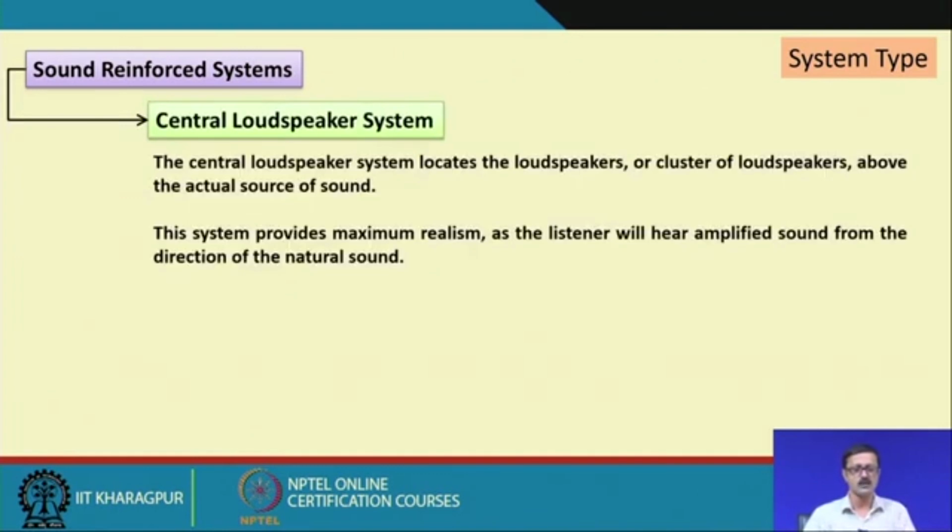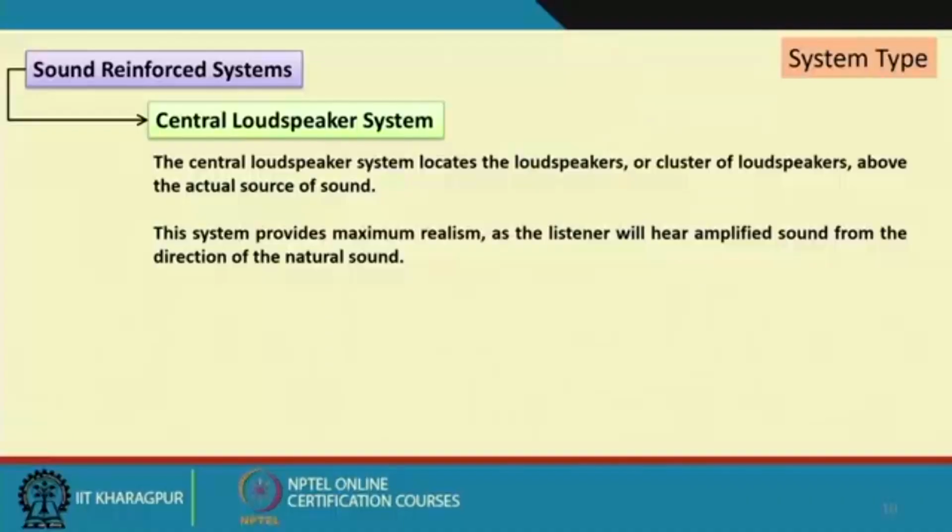One is called the central loudspeaker system, where a cluster of loudspeakers is located in a central place, very near to the stage or very near to the actual speaker or performer, and that gives you 100% or the maximum realization of the particular sound, because it comes from very near to the point where the actual sources are located. So it is a single cluster, a group of clusters, very focused and centrally located in a particular auditorium.